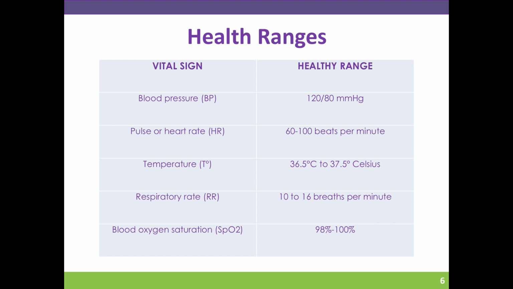Temperature, the healthy range is between 36.5 and 37.5 degrees Celsius, with the average temperature being 36.7 degrees. Respiratory rate, with the healthy range between 10 to 16 breaths per minute. And blood oxygen saturation, that's the level or the percentage of oxygen within the blood, between 98 and 100%.